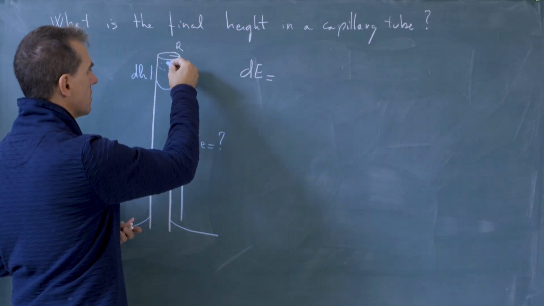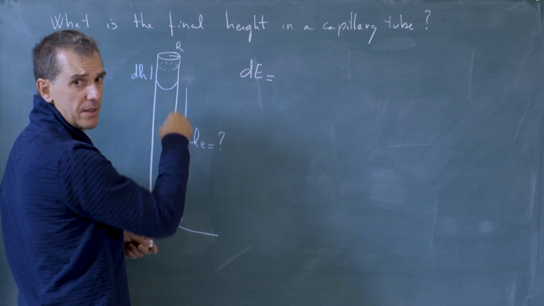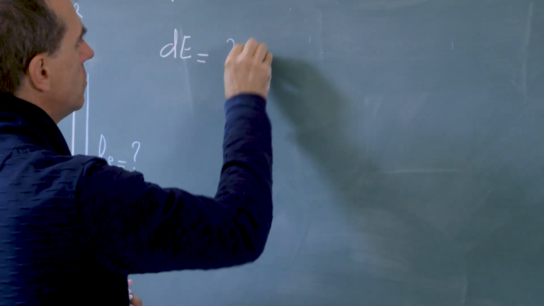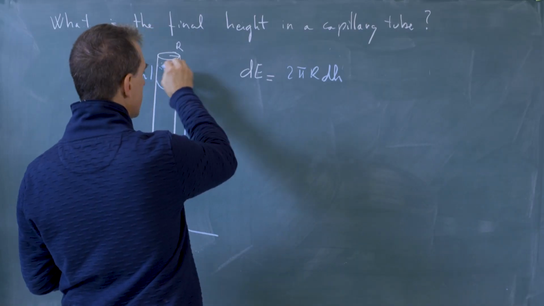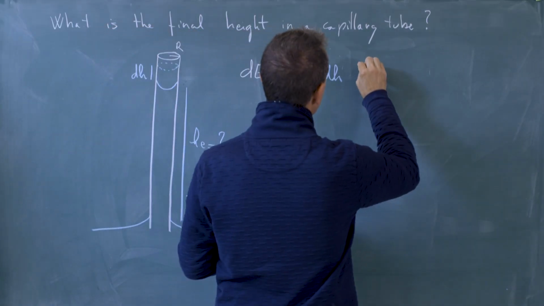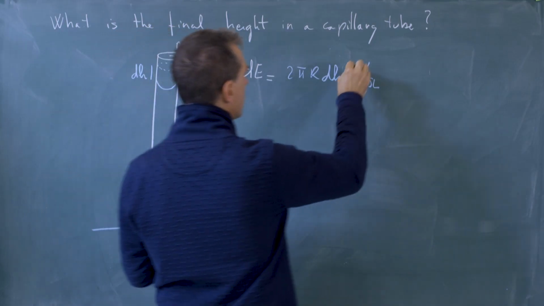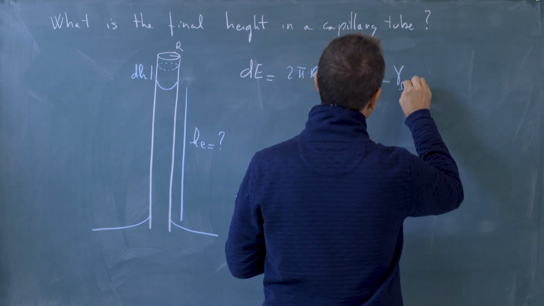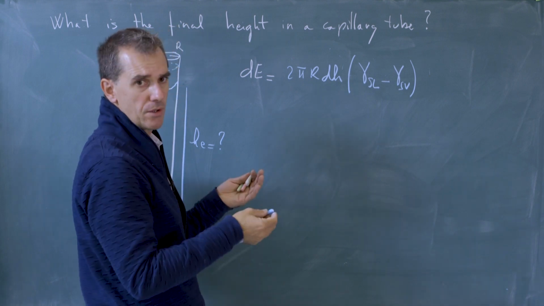When we move the interface up, we are going to wet a little bit the side of the tube, and this will change our interfacial energies by the amount 2 pi r dH, which is the surface of the little cylinder, times the solid liquid interface that we have won by moving up, minus gamma solid vapor that we have lost. So this is the contribution of surface energies.